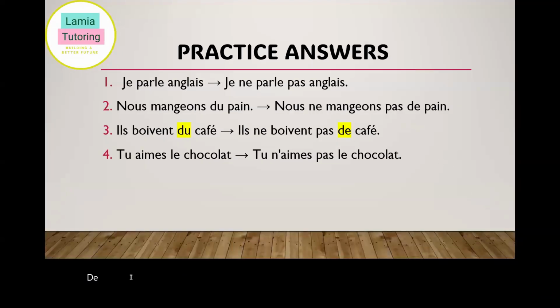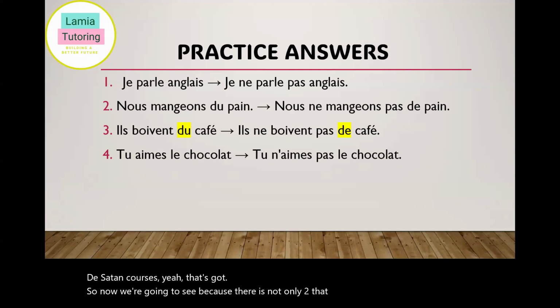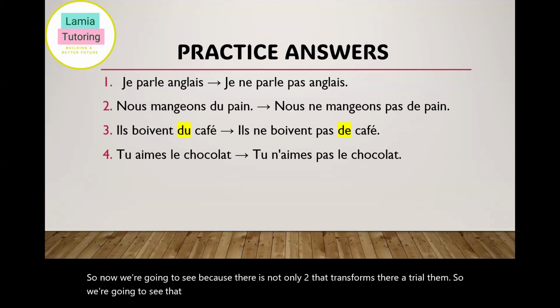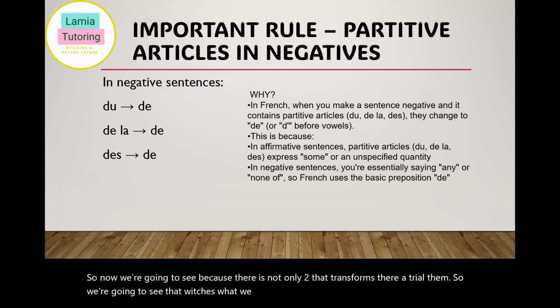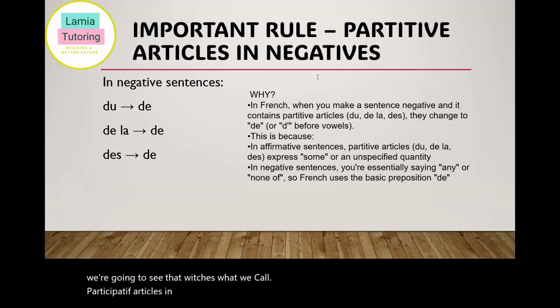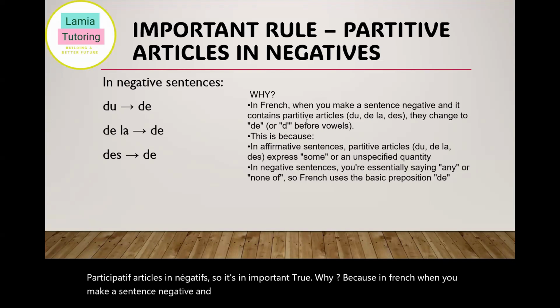Yeah, that's good. So now we're going to see, because there is not only the one that transforms, there are three of them. So we're going to see what we call partitive articles in negative. So it's an important rule. Why? Because in French, when you make a sentence negative and it contains what we call partitive articles, like du, de la, des, okay?